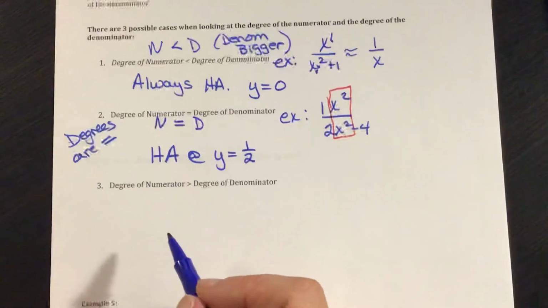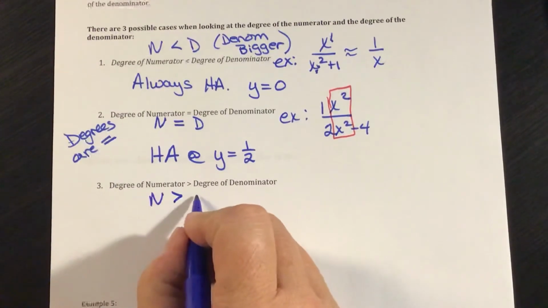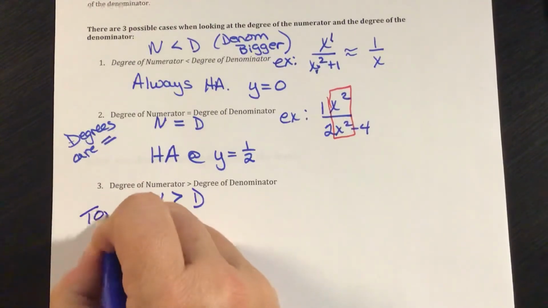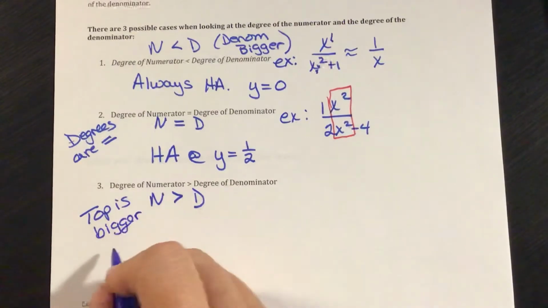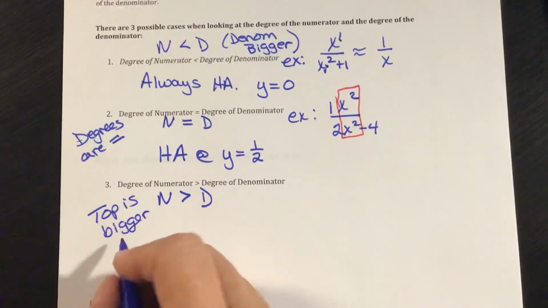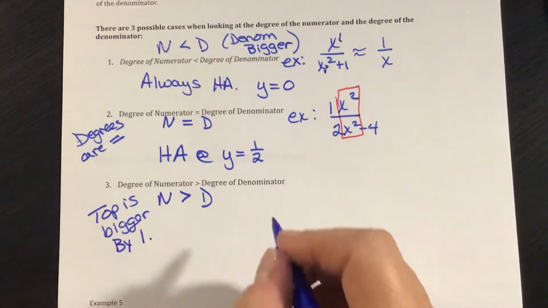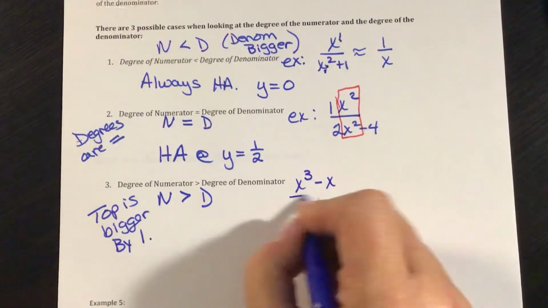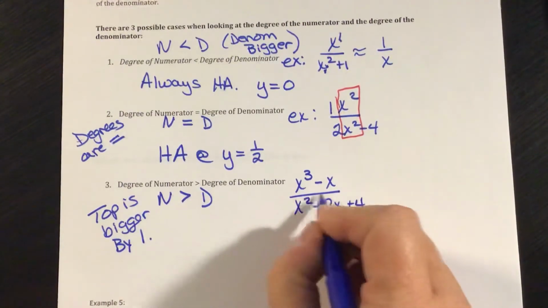Then my third case is that my numerator is bigger than the denominator. So the top is bigger. And I'm going to clarify this. This kind of works if the top is bigger by 1. An example could be x to the third minus 1 over x squared plus 2x plus 4.